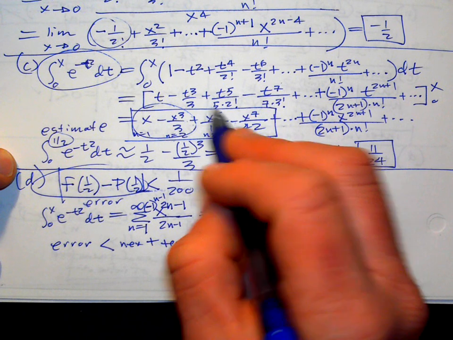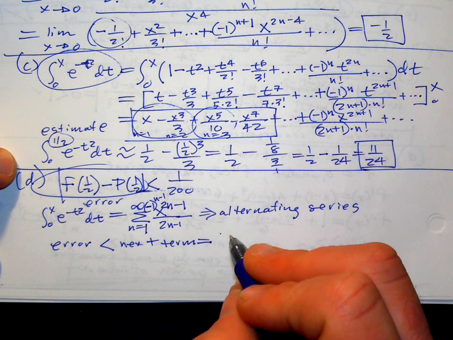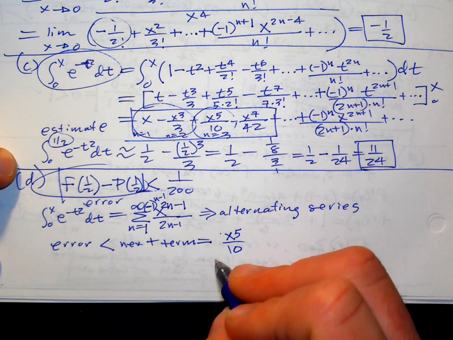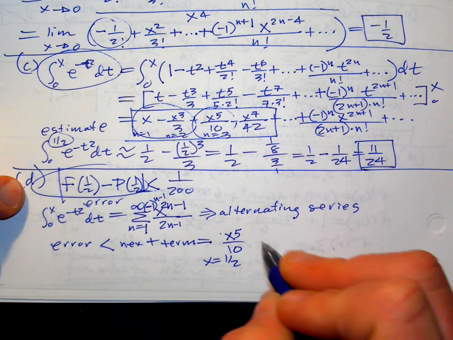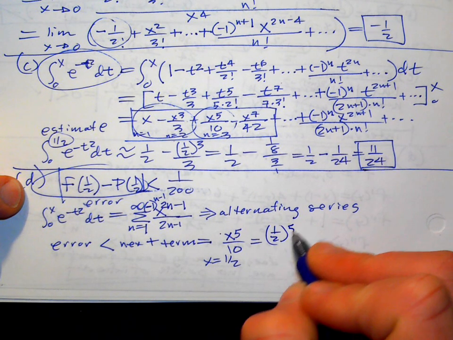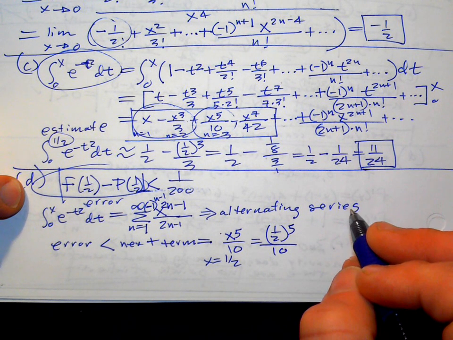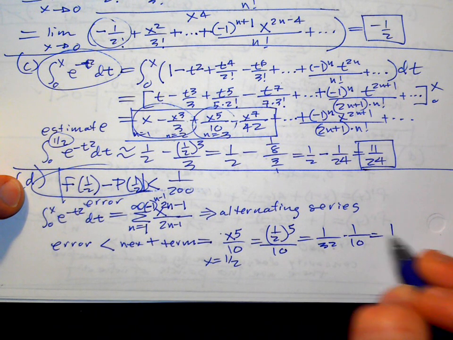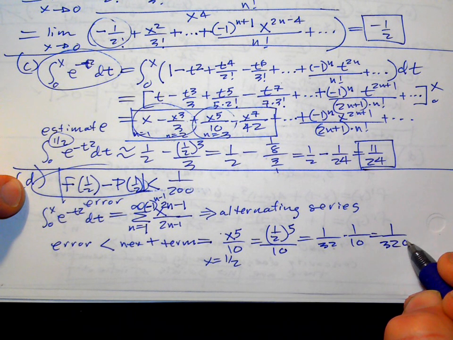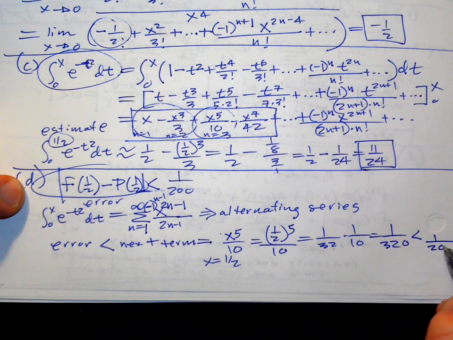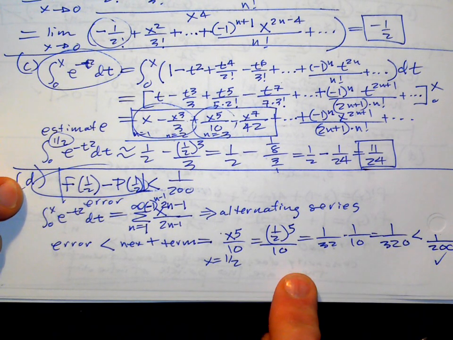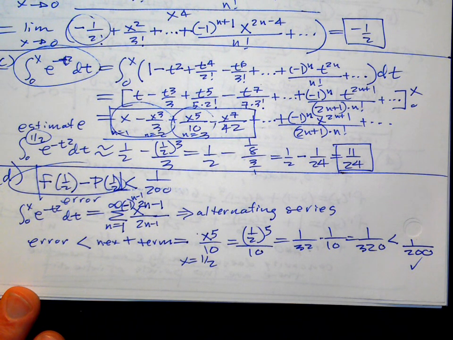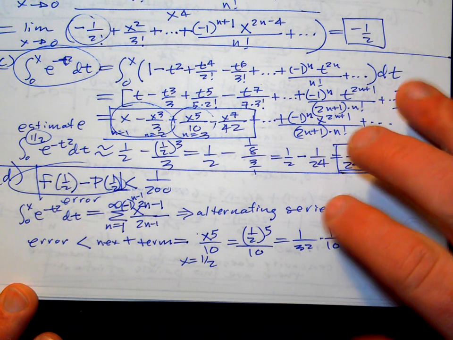And the next term in the series, it's right up here, is going to be x to the 5th over 10, but we're going to plug x equals 1/2 into it. It's going to be 1/2 to the 5th over 10. And that's going to be 1/32 times 1/10, which is going to equal 1/320, which is less than 1/200. And there you go. But you got to show the work, show what it gets, compare it to the thing they're telling you to verify. So that's alternating series error bound, which is a lot easier than Lagrange error bound.